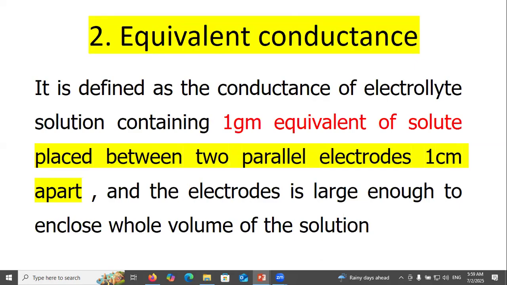Equivalent conductance is defined as the conductance of an electrolyte solution containing 1 gram equivalent of solute placed between two parallel electrodes 1 centimeter apart, and the electrodes are large enough to enclose the whole volume of the solution.